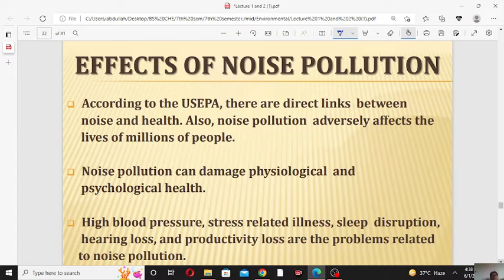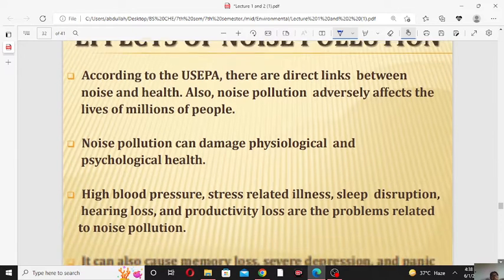When noise increases, our health is more disturbed, and it will create more and more diseases in our body.